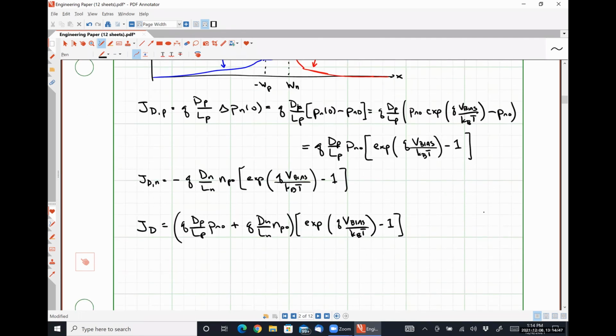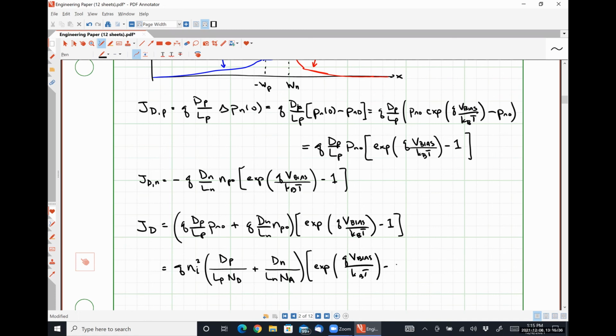And since we know the relationship between Pn naught and Np naught are minority carrier concentrations, this becomes Q times the intrinsic carrier concentration squared times dP over LP ND plus dN over ln NA, times the exponential of QV bias over kBT minus 1.